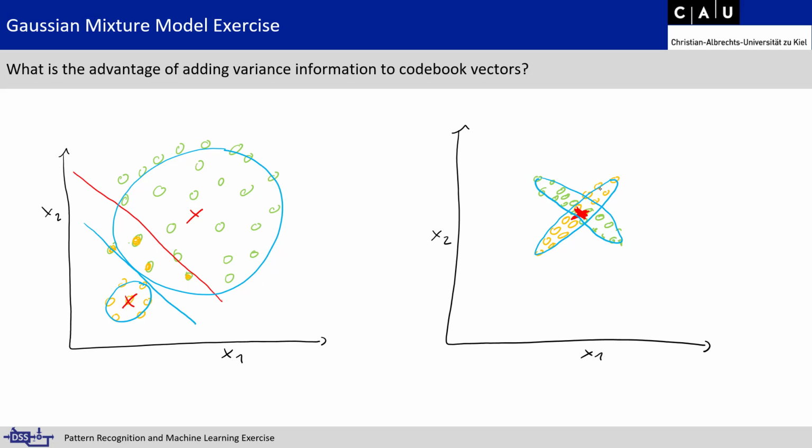So this part here would be correctly classified as belonging to the yellow class, and this part would belong to the green class, which is perfectly fine. And then only in the middle we would have a problem with our classification task, which here we would have to live with, but we have a better performance than if we just had the means of those clusters and we wanted to perform a classification.